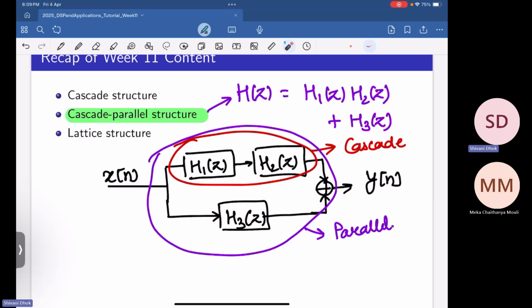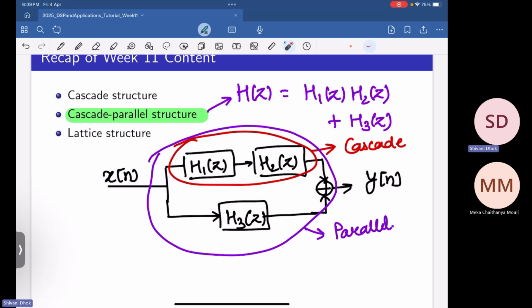And the last thing that we discussed was the lattice structure. I won't explain the lattice structure now because I have a lot of lengthy questions to cover today, but we'll look at this lattice form with the help of examples, mostly towards the end of this lecture.